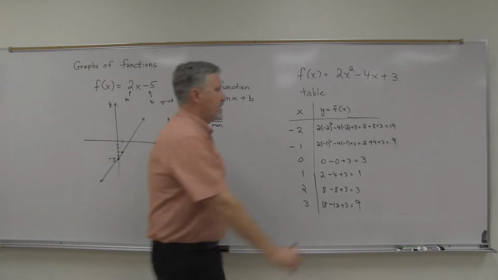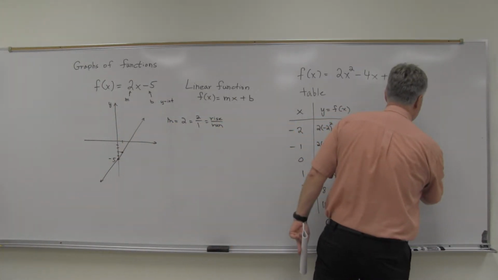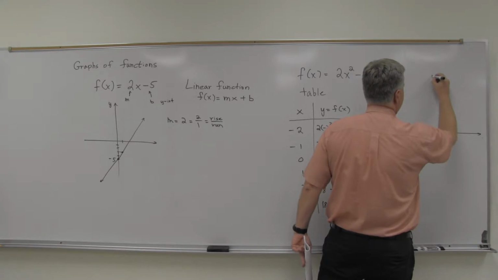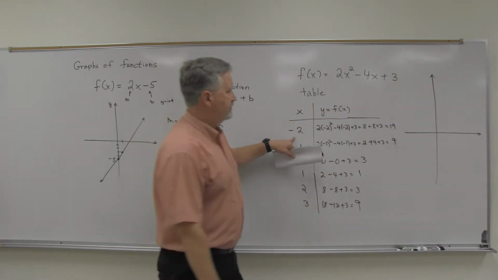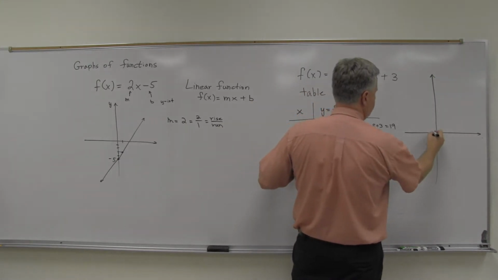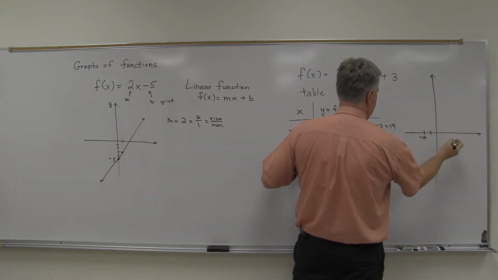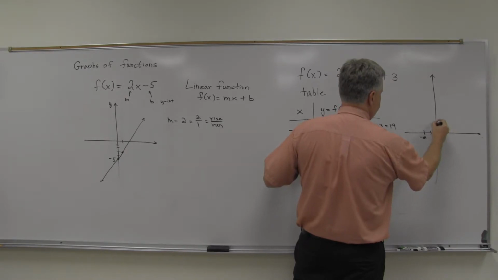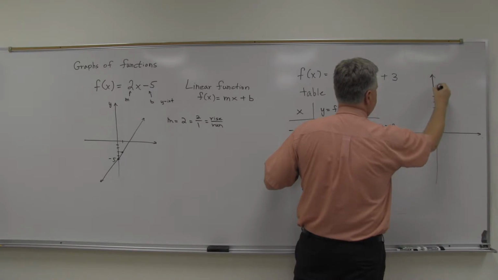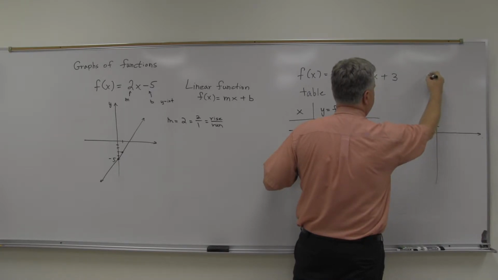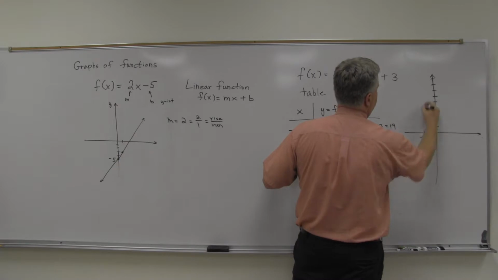All right, so let's graph this. You've got x is -2 and y is 19. Let's go 2, 4, 6, 8, 10, 12, 14, 16, 18. I think I got it. So -2, 19.